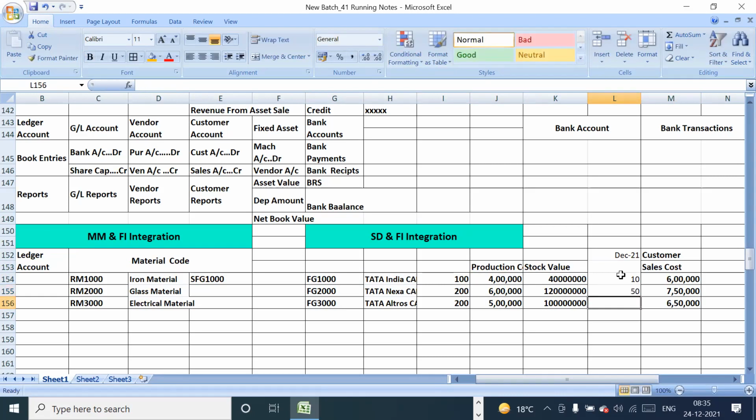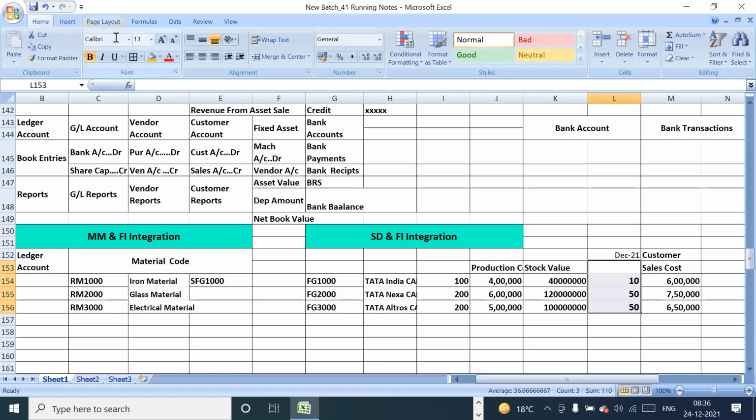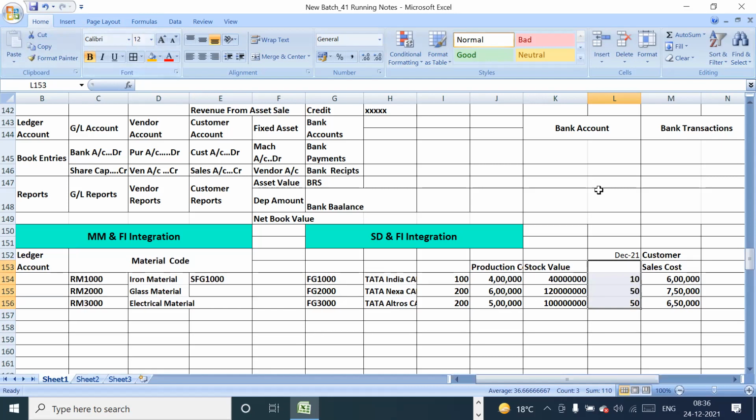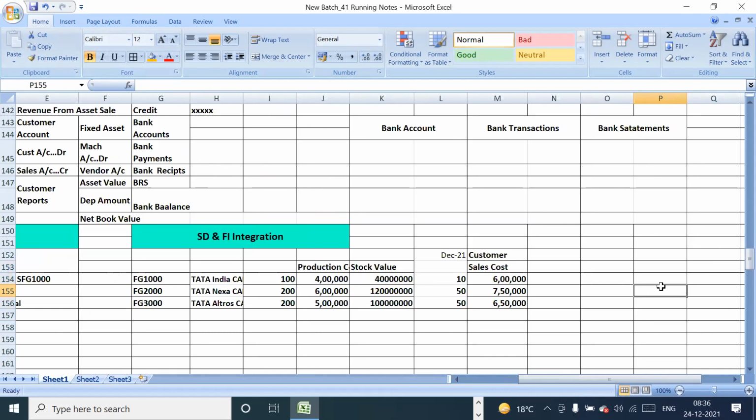Here I'm going to sell 50 cars, and here another 50 cars. Assume that this is my sales quantity. Then we can see my closing stock of each car, right?